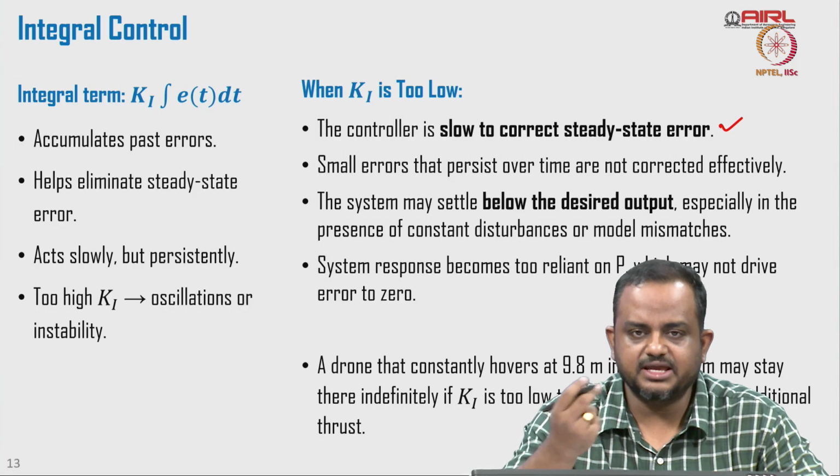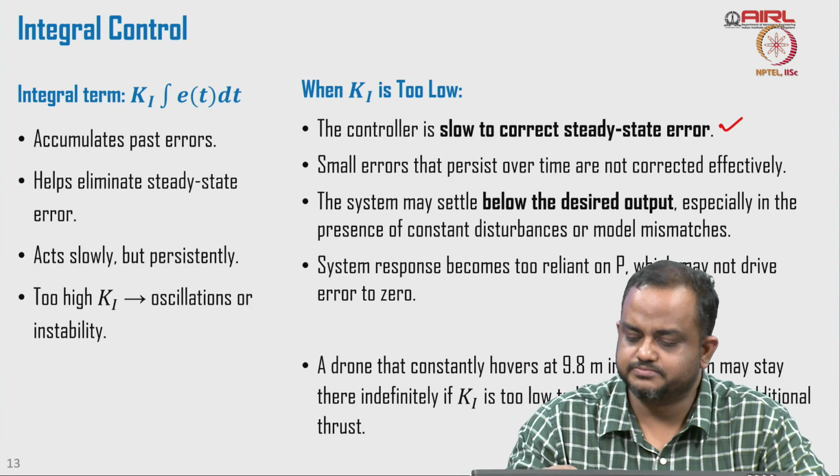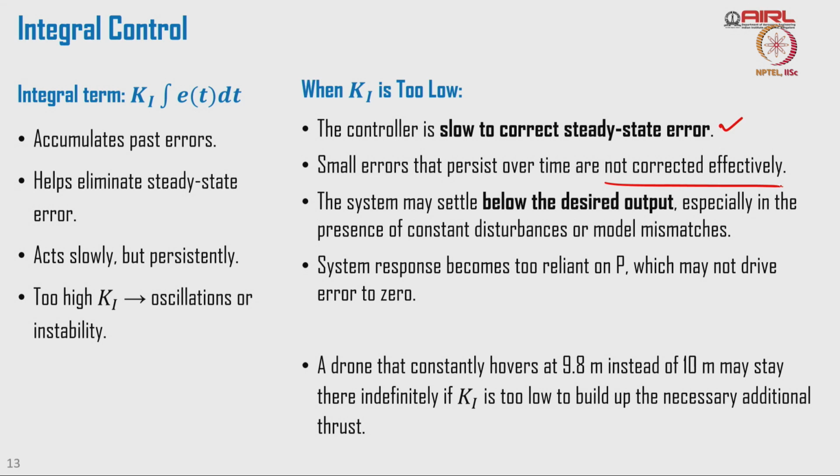Small errors that persist over time are not corrected effectively if we have low Ki. The system may settle below the desired output, especially in the presence of constant disturbance and model mismatch. The system response becomes too reliant on P, which may not drive the error to 0.